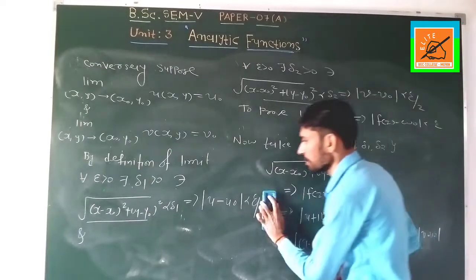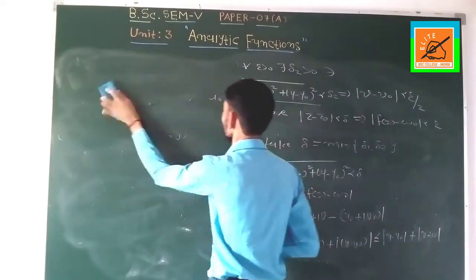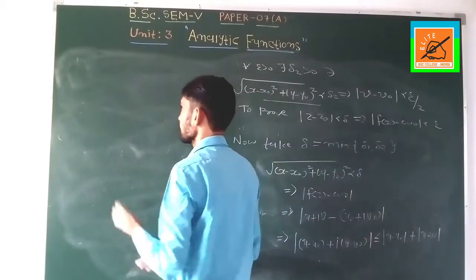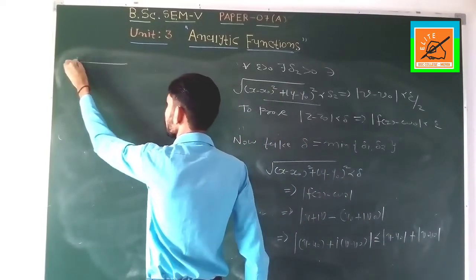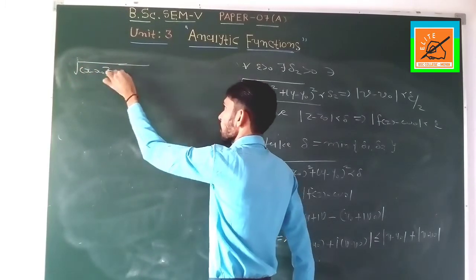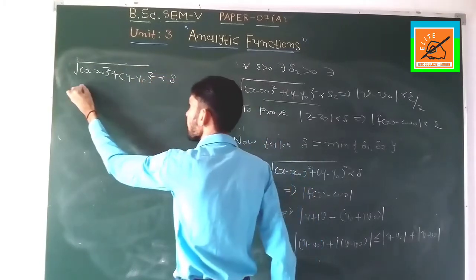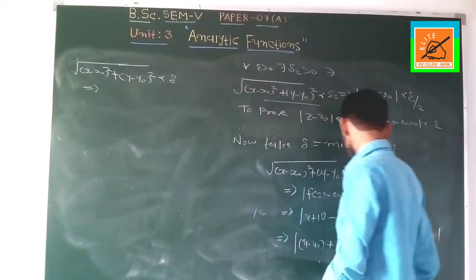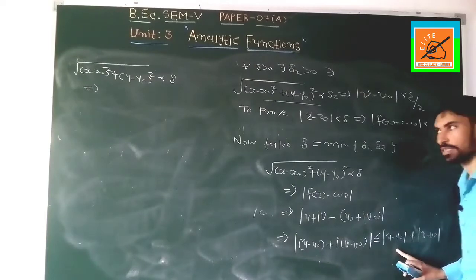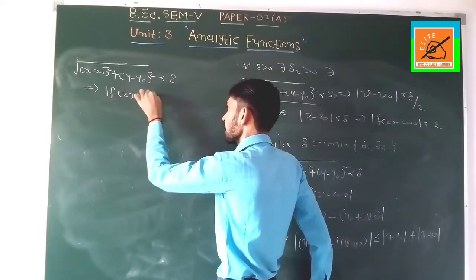So we write as here under root x minus x0 square plus y minus y0 square less than delta implies value of u minus u0 is the mod f of z minus w0.